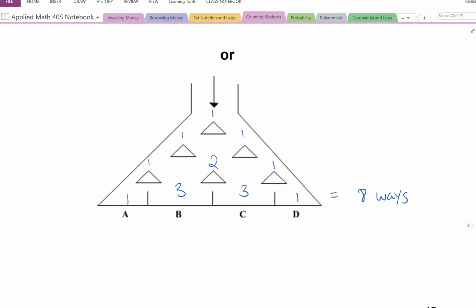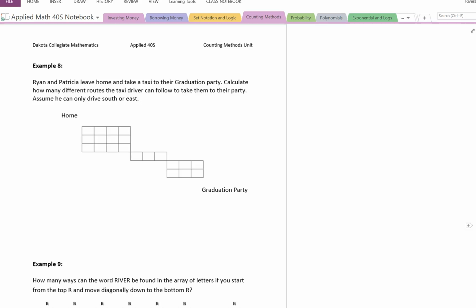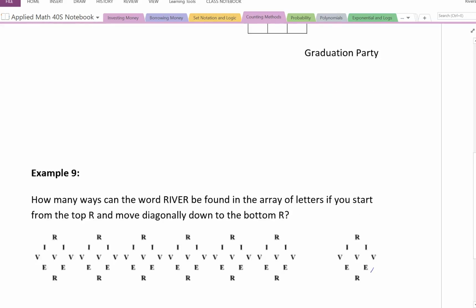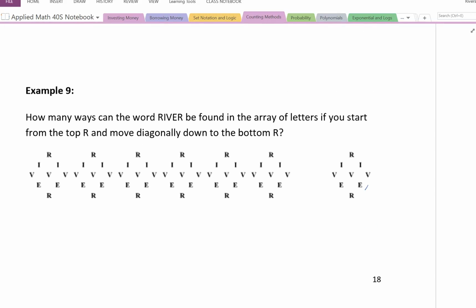I'm going to actually skip example 8 for a minute. That's the same grid type of question that we did at the beginning, and you can see here now there are grids attached. But let's look at the same ideas from example 7 to example 9. It says, how many ways can the word river be found in the array of letters if you start from the top R and move diagonally down to the bottom?